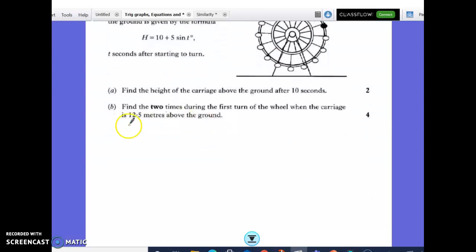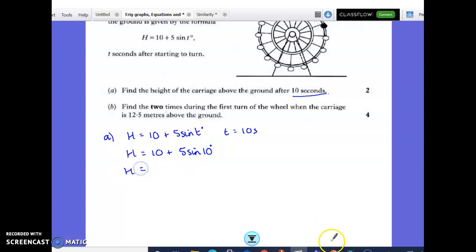So I've got the formula for the height. My formula for the height is h equals 10 plus 5 sine t. I'm asked after 10 seconds, so t equals 10 seconds. So I need to put 10 in instead of t. So I get 10 plus 5 sine 10.